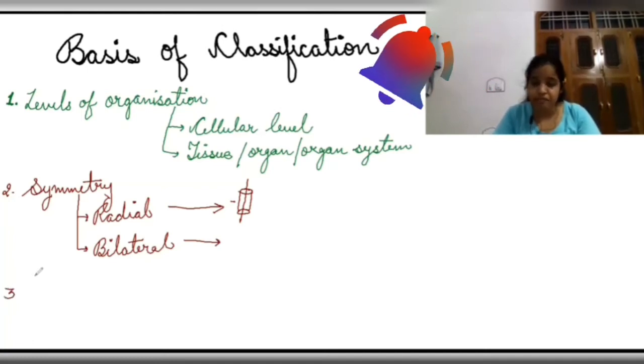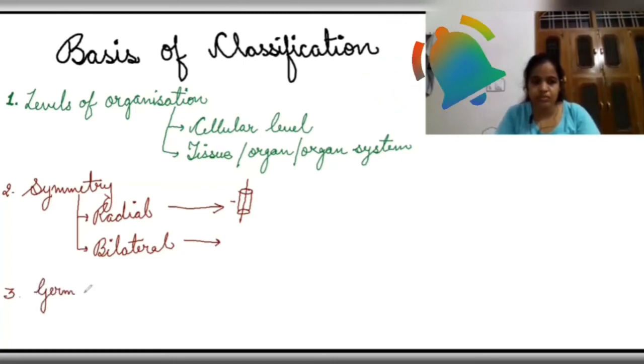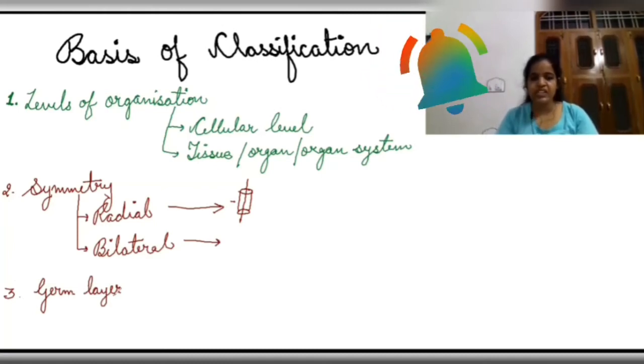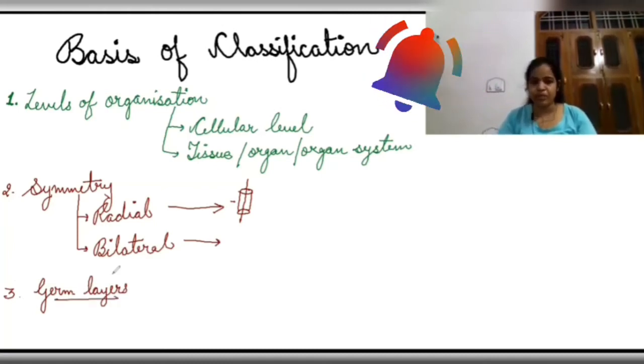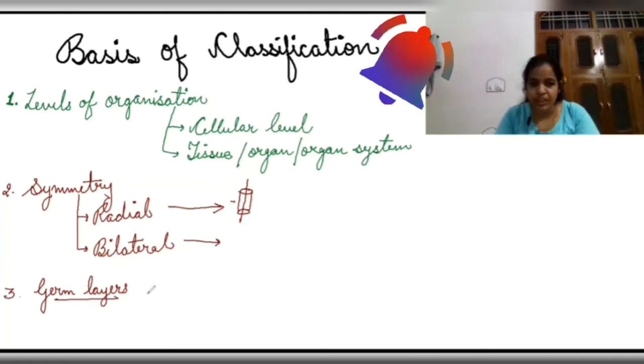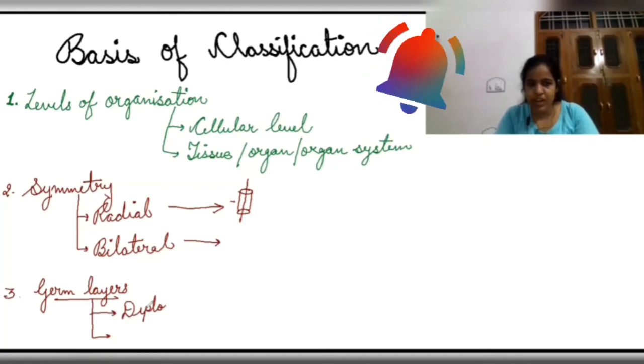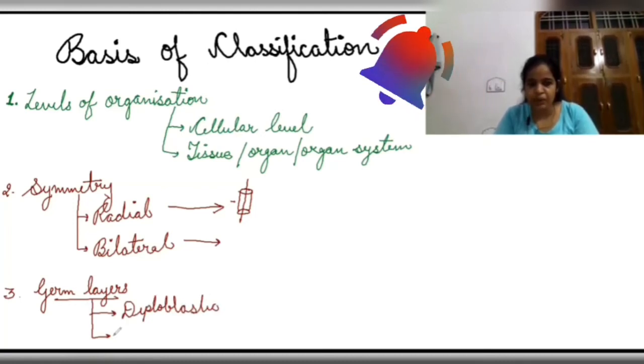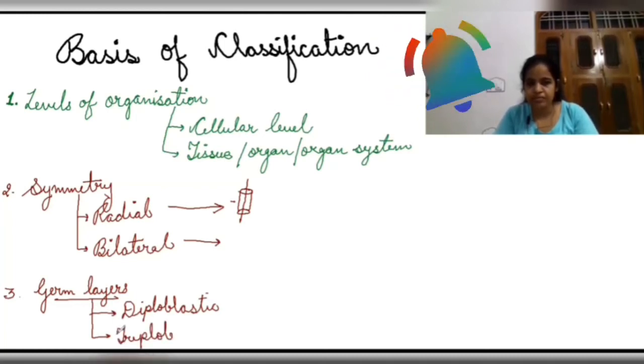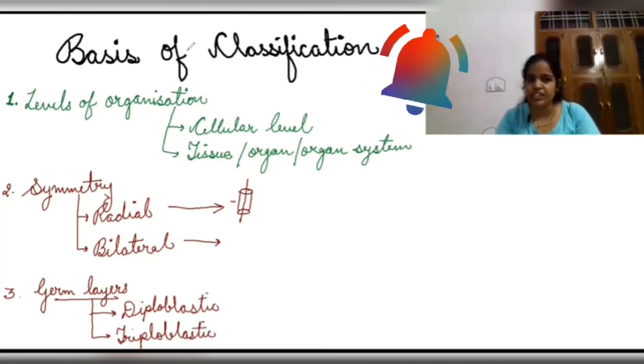So let's put the heading first, germ layers. Germ layers means ectoderm, mesoderm and endoderm. So on the basis of presence of these three layers in the organism, two groups are there. One is diploblastic, and another one we have is triploblastic. Now, what is this diploblastic and triploblastic?